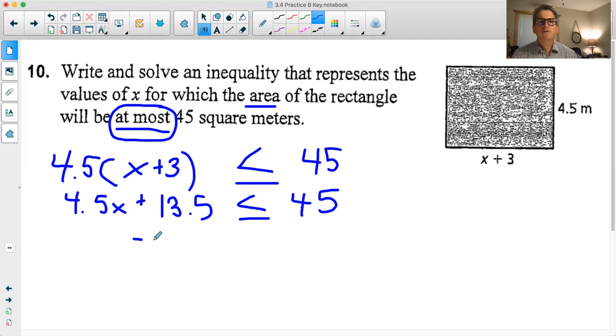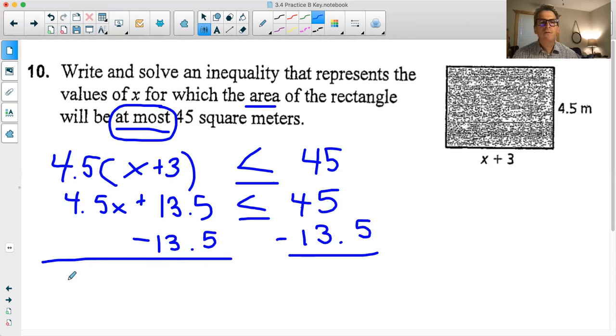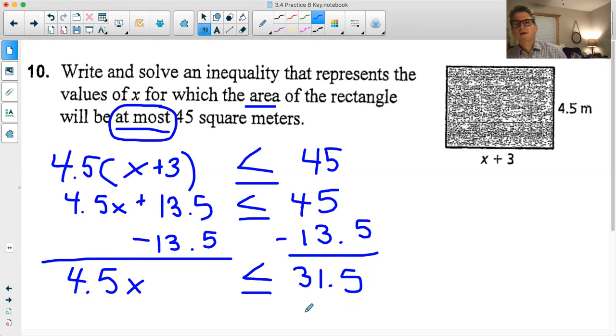And when you go to solve this, you're going to subtract 13.5 from the left, 13.5 square meters from the right. And that's going to put you in a position where you have 4.5 times x is less than or equal to 45 minus the 13.5, which is 31.5, right? 31.5.